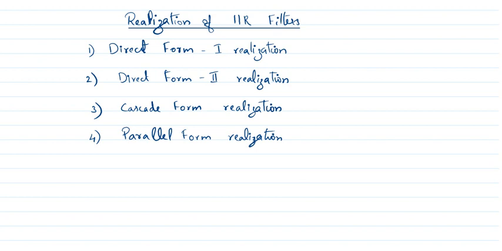So many other methods are also there: transposed direct form realization, lattice ladder realization. But the main four types are direct form 1 realization, direct form 2 realization, cascade form realization, and parallel form realization.